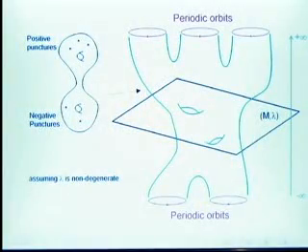Just to give an idea, for people who study symplectic geometry this is the most standard picture, but for people who are not so familiar with symplectic geometry, this is what a holomorphic curve looks like. You have your domain, your Riemann surface, and you have punctures.